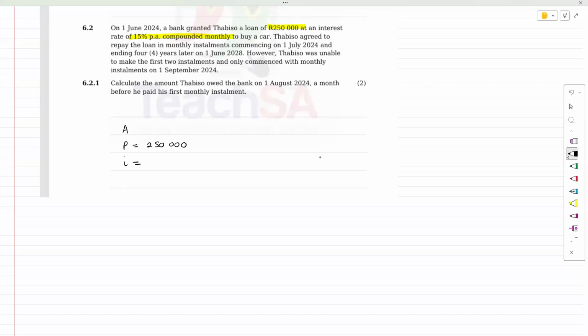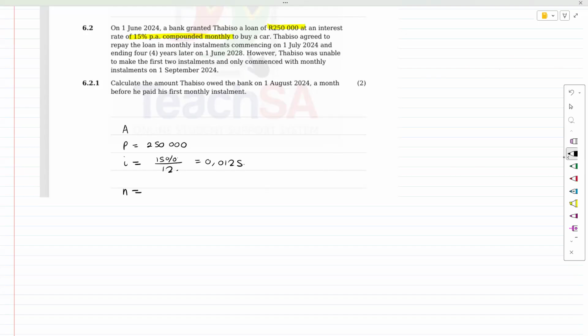I is 15% compounded monthly, so 15% divided by 12, 0,0125. N is equal to something.